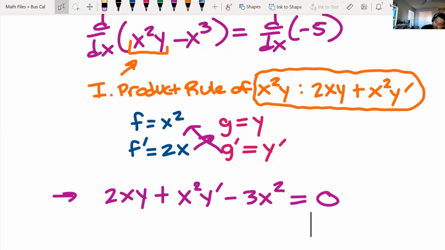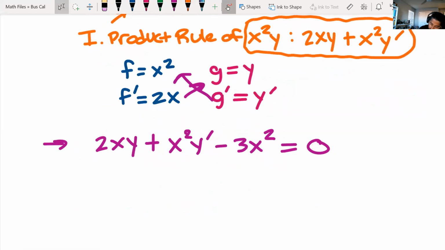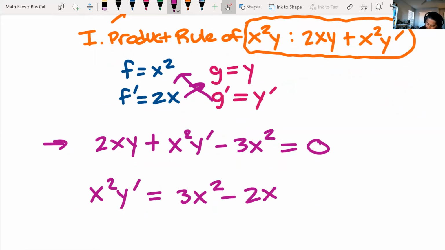Okay. And now, once again, solve for y prime. So what terms are you going to move over? Everything besides y prime. That works. So you get x squared y prime equal to positive 3x squared minus 2xy.